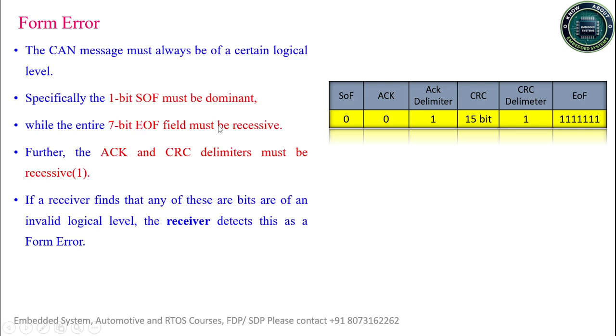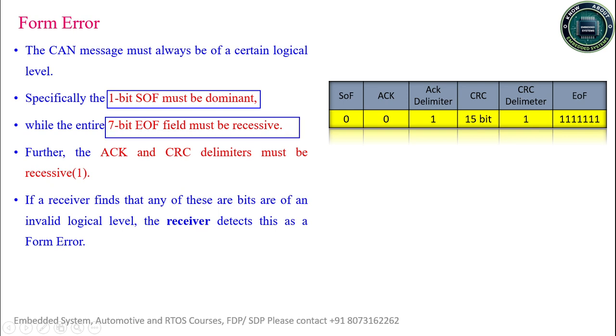Now let us see the definition here. The CAN message must always have certain logical levels, specifically 1 bit for start of frame, and it should be a dominant bit. Then we should have 7 end of frame bits that are recessive.